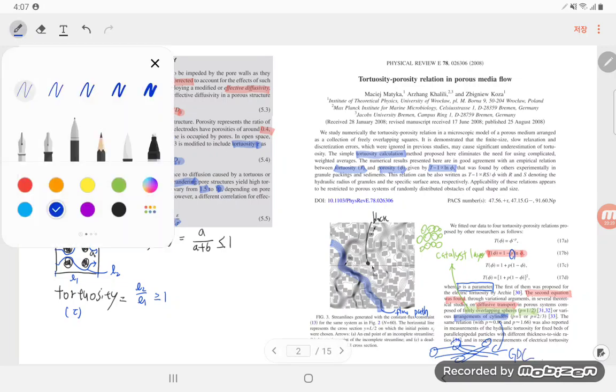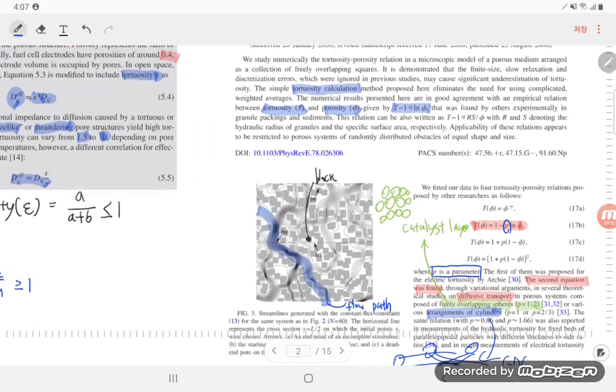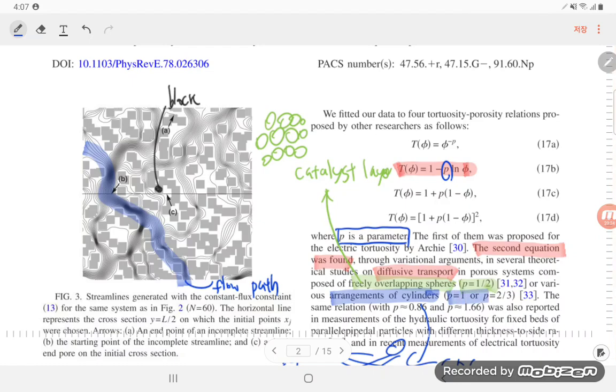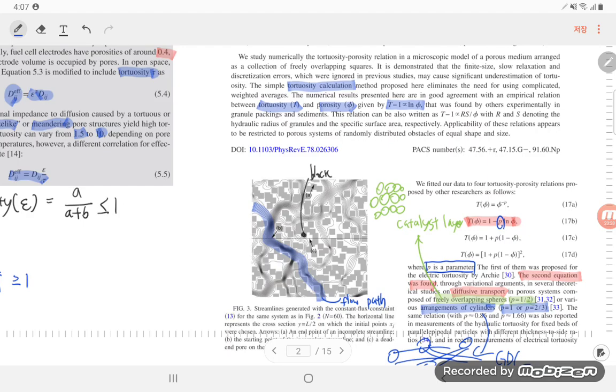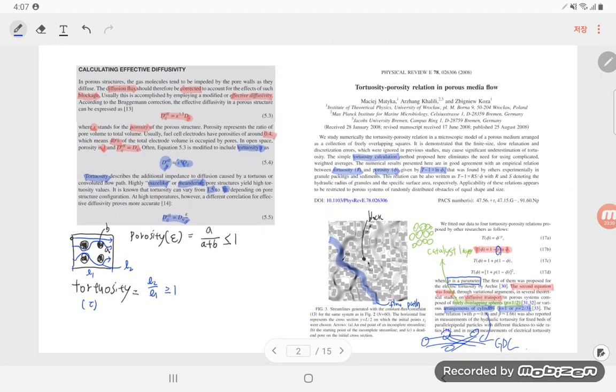And in this paper, they suggest the P value as 1 or 2/3. So if you need more investigation, just search and apply to your research.